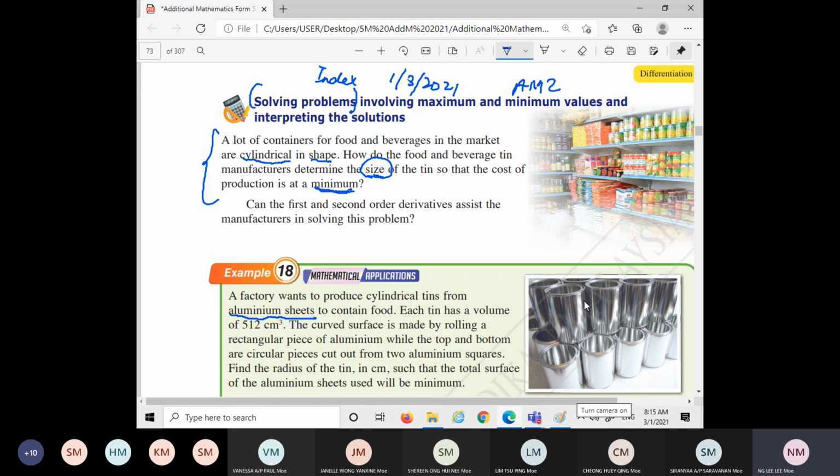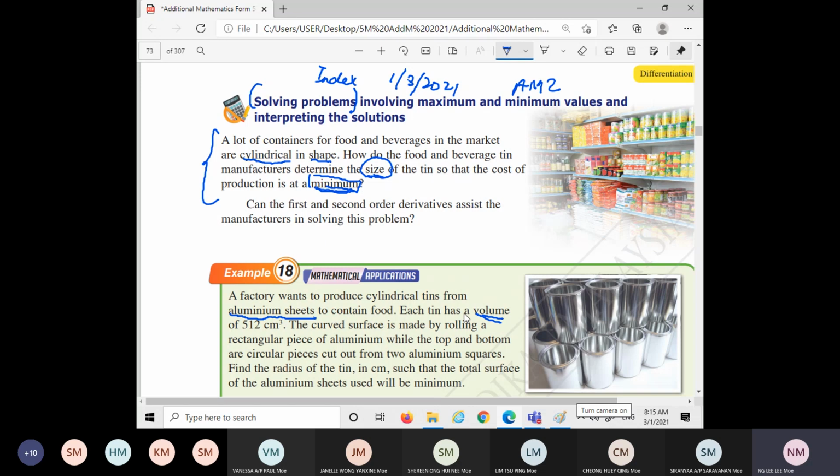So if you use more aluminium, meaning the surface area is more, then your cost will increase. If you use less, they want to find the minimum, sure they want to cut cost. How can you reduce until the very minimum, but still remain the volume?